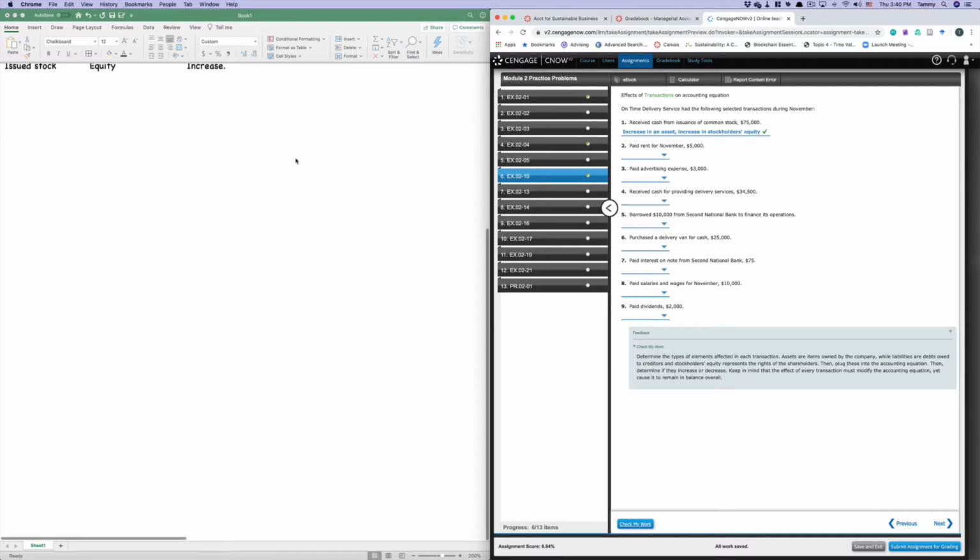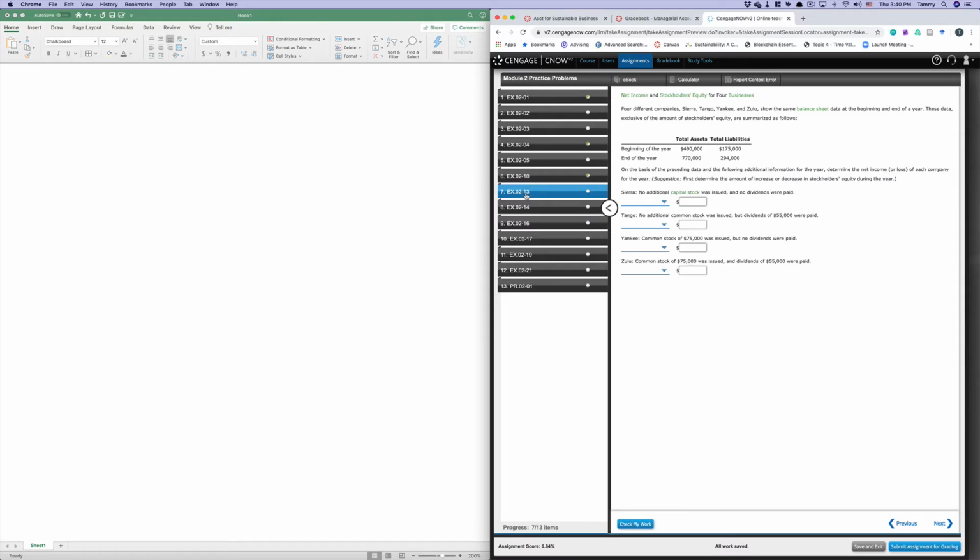Okay, number 13. 4 different companies, Sierra, Tango, Yankee, and Zulu, show the same balance sheet at the beginning and the end of a year. These data, exclusive of the amount of stockholders' equity, are summarized as follows.